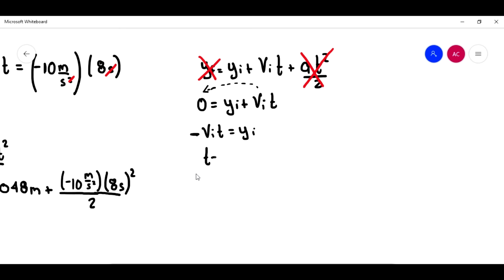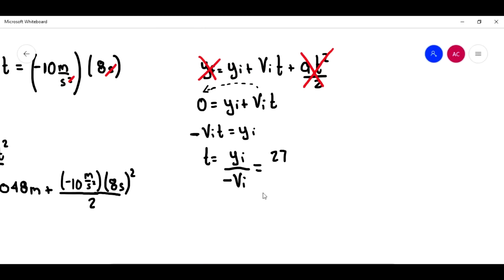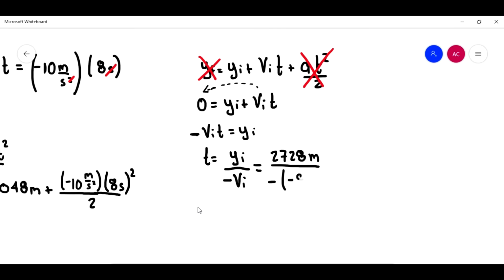So time will be initial position over the negative value of the initial velocity. If I substitute, it will be 2728 meters over the negative of the initial velocity. In this case, the velocity is minus 80 meters per second, so negative with negative is going to be positive.